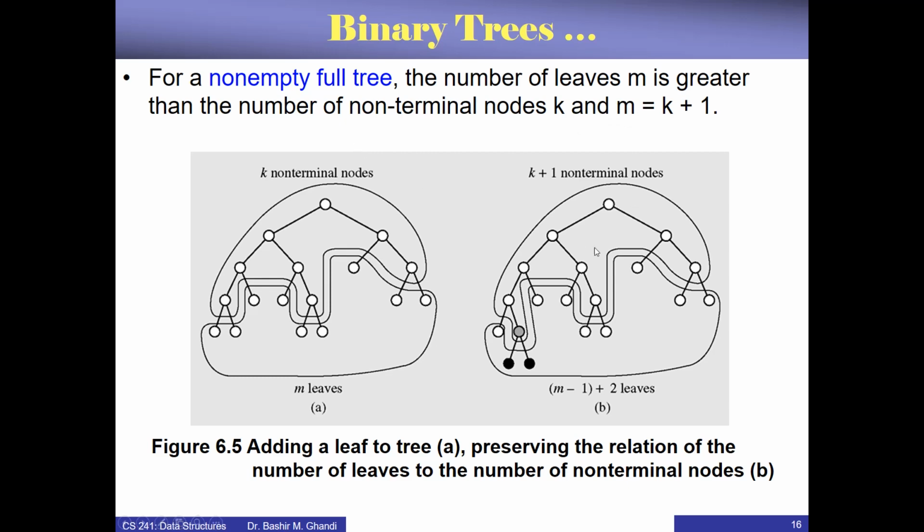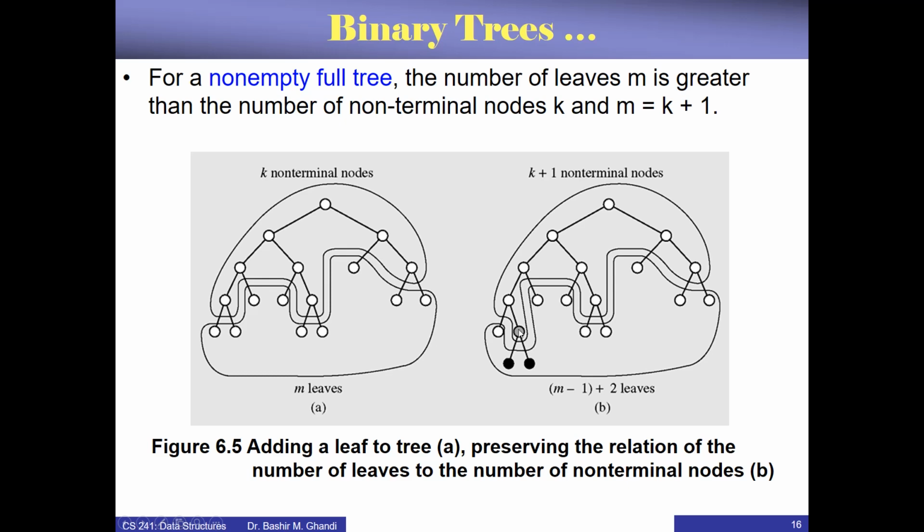This second figure is showing us that if you add more nodes, provided the tree remains full, then the formula remains correct. So suppose, for example, we change one of the leaf nodes, this one, and make it have 2 children. Will the formula still be correct? Obviously the non-leaves have increased by 1.